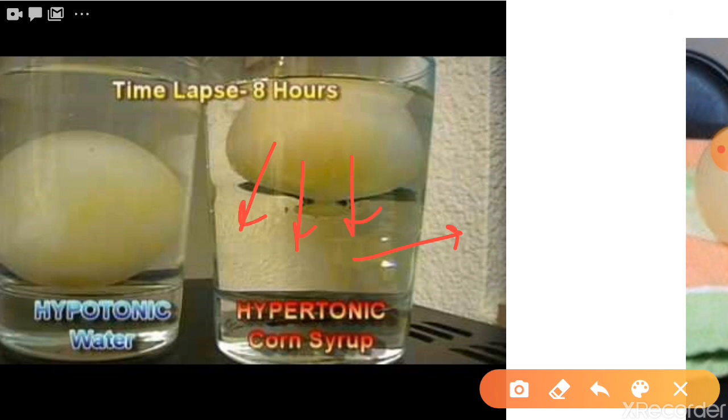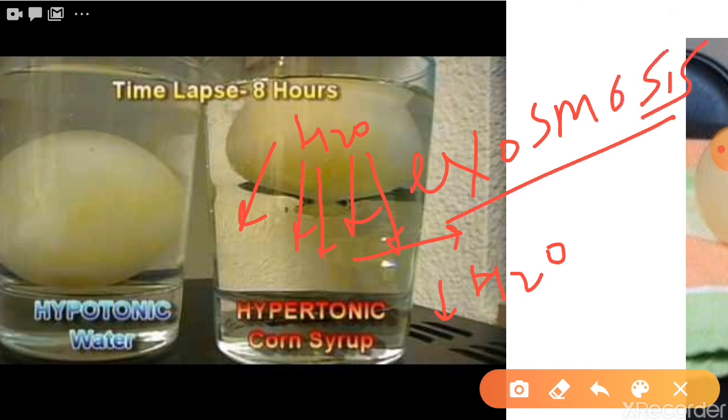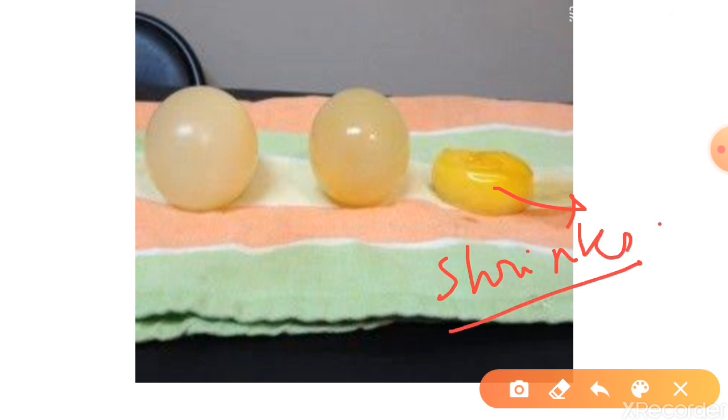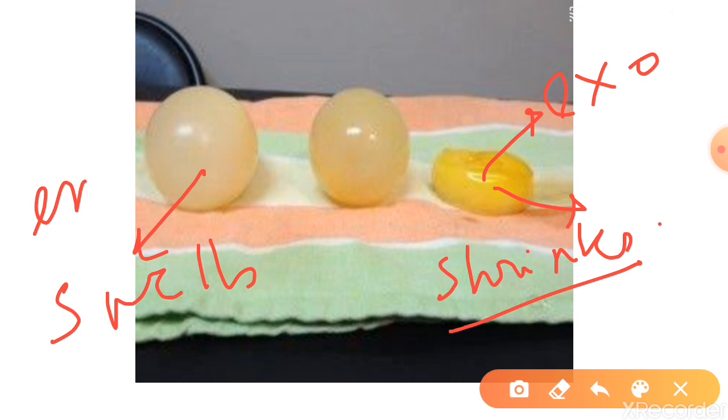Why? Because the sugar solution has lesser water content when compared to the water in the egg, so the egg loses water by exosmosis, and as a result the egg shrinks. The egg placed in water swells because of endosmosis.